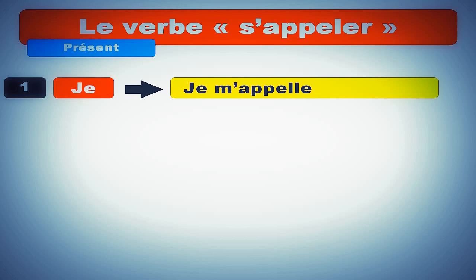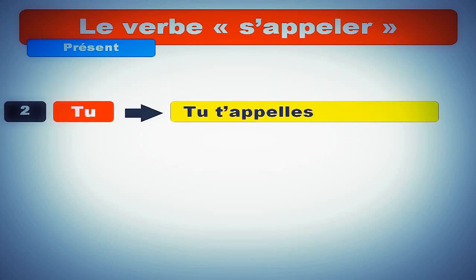Okay, so first form for je, it's je m'appelle. Okay, so that's the particularity of these verbs. So you've got to add something, and usually for the first form it's me, but then as you've got this vowel, you know, for the verb appeler, the e disappears, and you get this je m'appelle. Repeat.